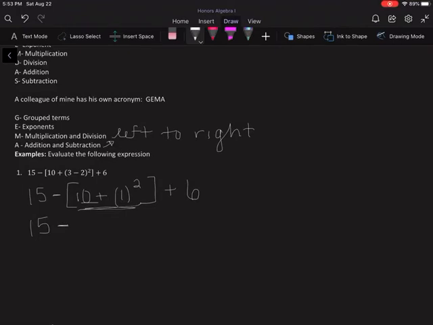So 10 plus 1 squared is 11 plus 6. So I have 15 minus 11, and I have to go from left to right. 15 minus 11 first, which is 4, plus 6 is equal to 10. Okay?